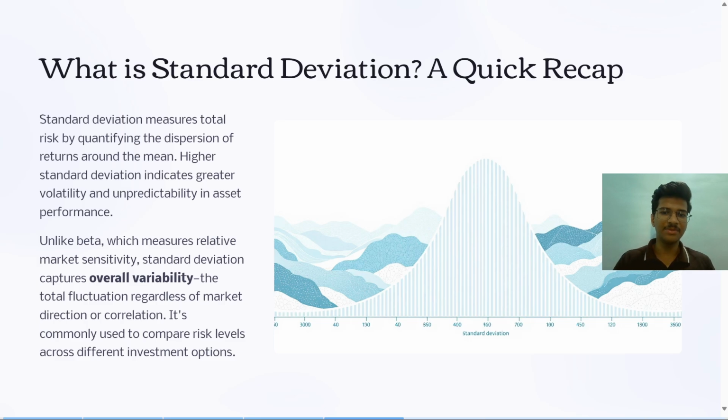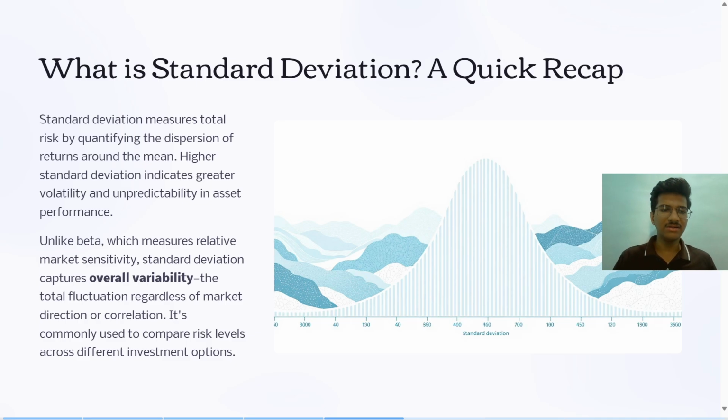This measure captures total volatility by showing how much returns fluctuate around their average. It is a core concept which was developed by Harry Markowitz. Higher standard deviation indicates greater uncertainty or volatility in returns. Investors often use it to compare the riskiness of different assets. However, volatility alone does not always equal risk, especially from an investor's perspective.